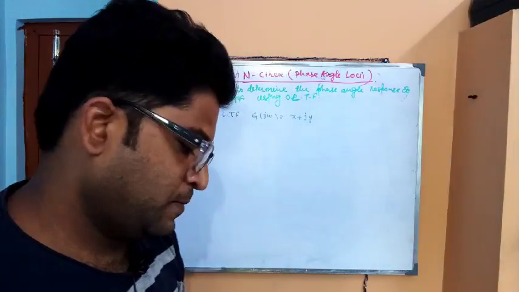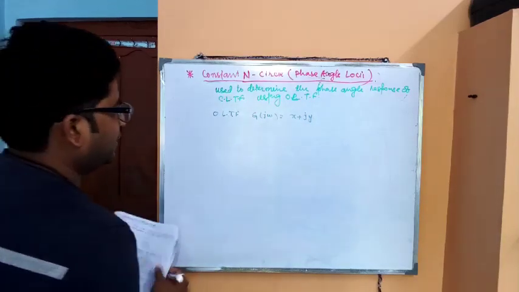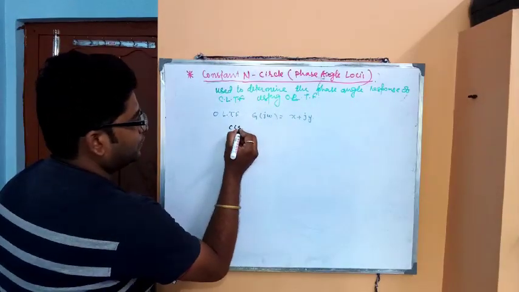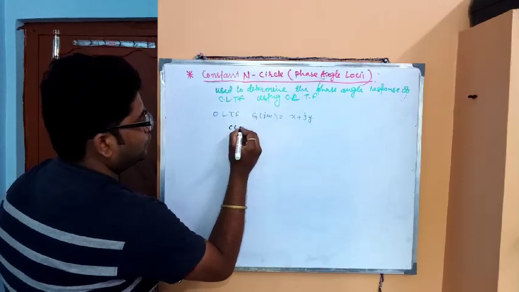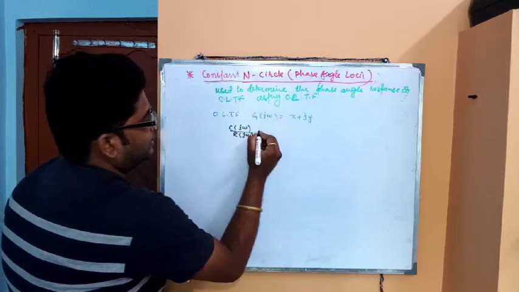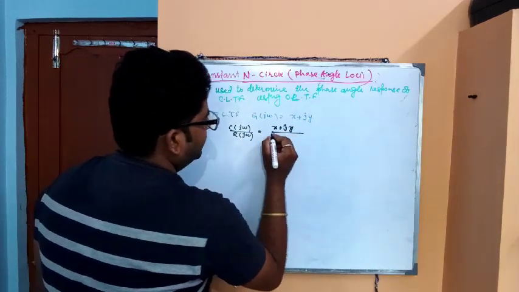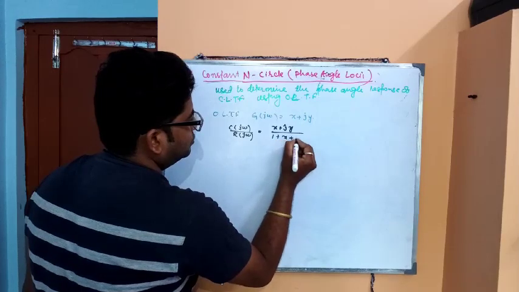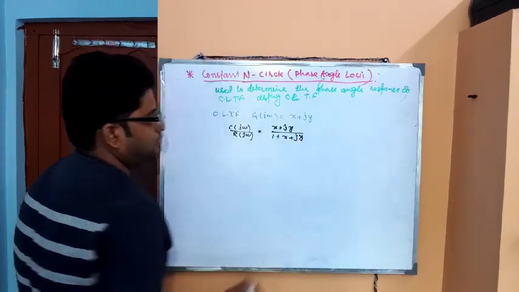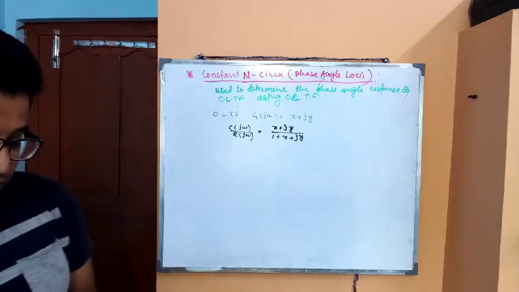Now the closed loop transfer function of this above equation can be written as C of j omega by R of j omega is equal to (x plus j y) divided by (1 plus x plus j y). This is the closed loop transfer function of the given open loop transfer function.